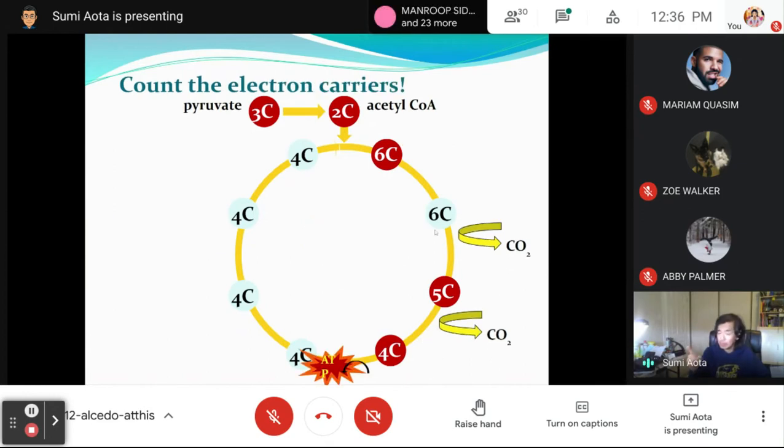But we also have to think about the electron carriers, because that's the point of this particular step. We had one oxidation occur here, so we had to have an NADH produced here. We go from 6 carbons to 6 carbons, nothing happens. 6 carbons to 5, that's an oxidation step. Since it's an oxidation step, we have to have something come along and grab those electrons.